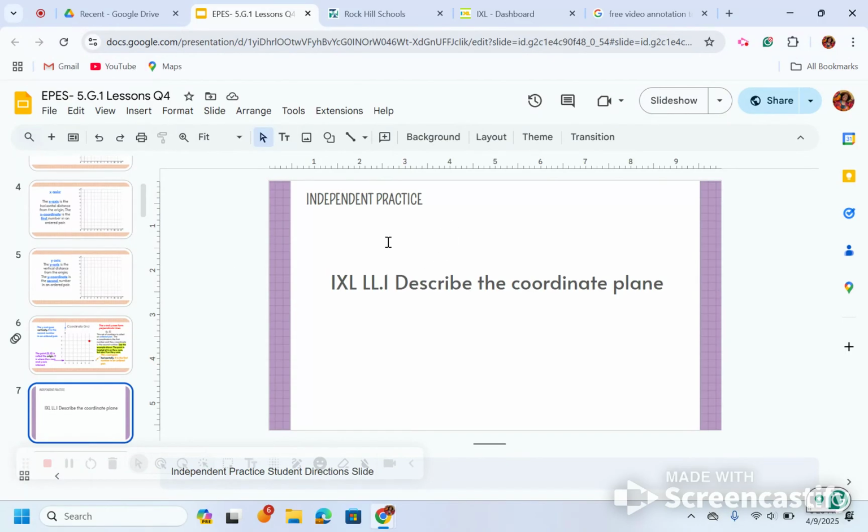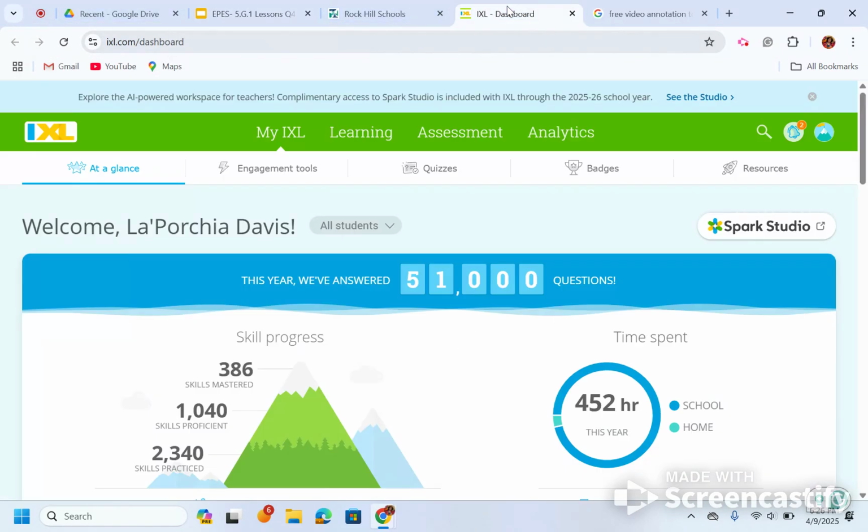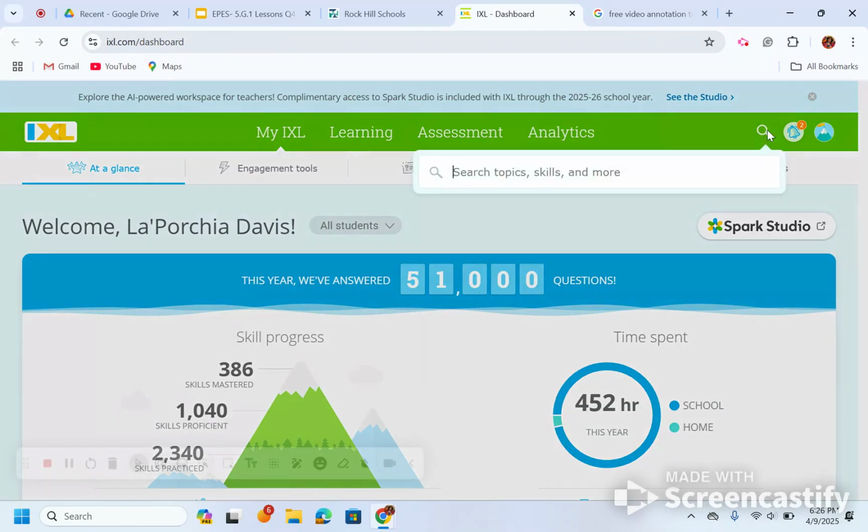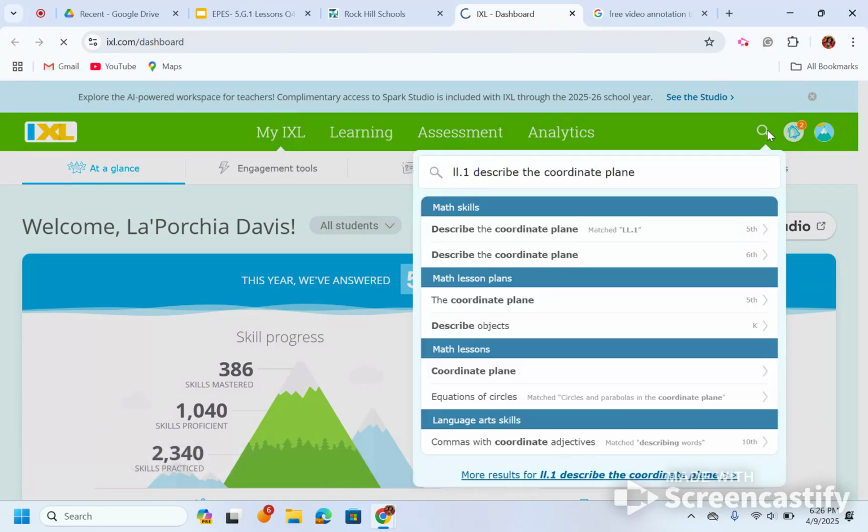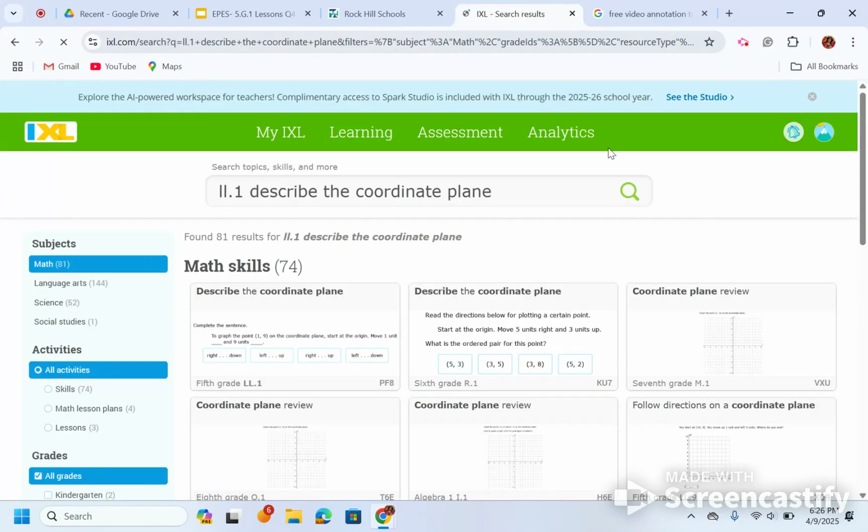Today, your independent practice is going to be in IXL. It's LL.1, describe the coordinate plane. This skill has already been assigned to you, so it should show up in your recommended by your teacher. But if it doesn't, you can type in LL.1, describe the coordinate plane.